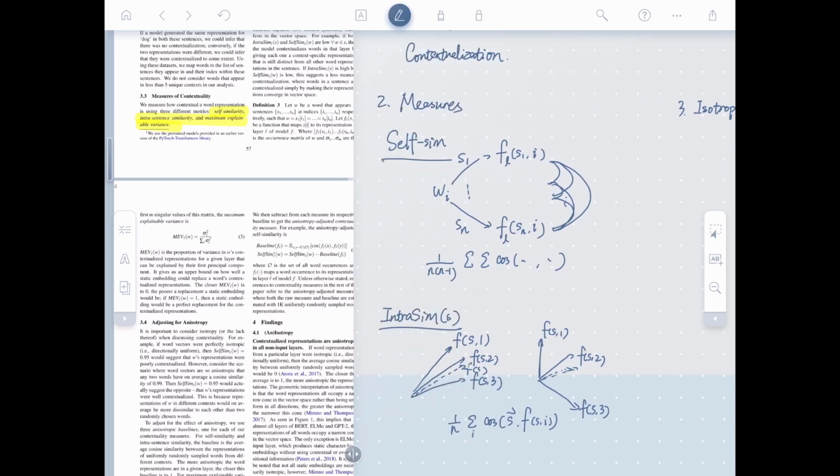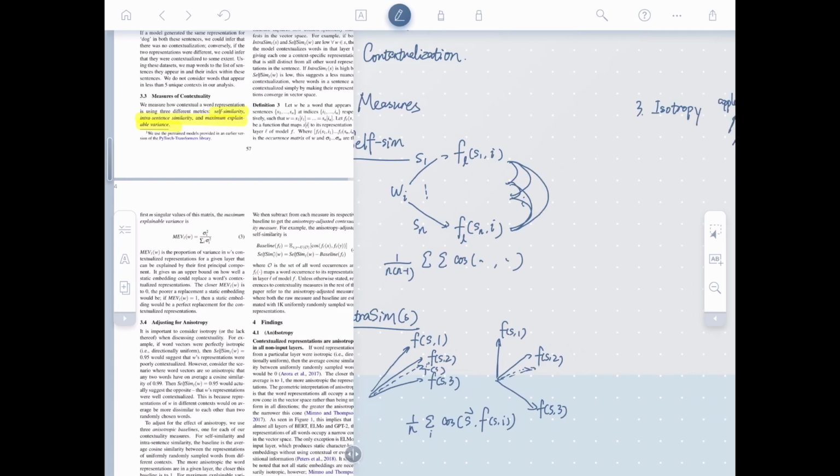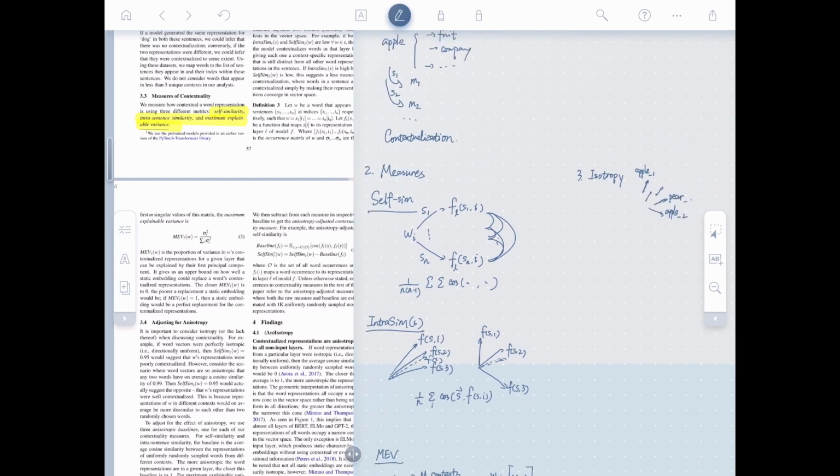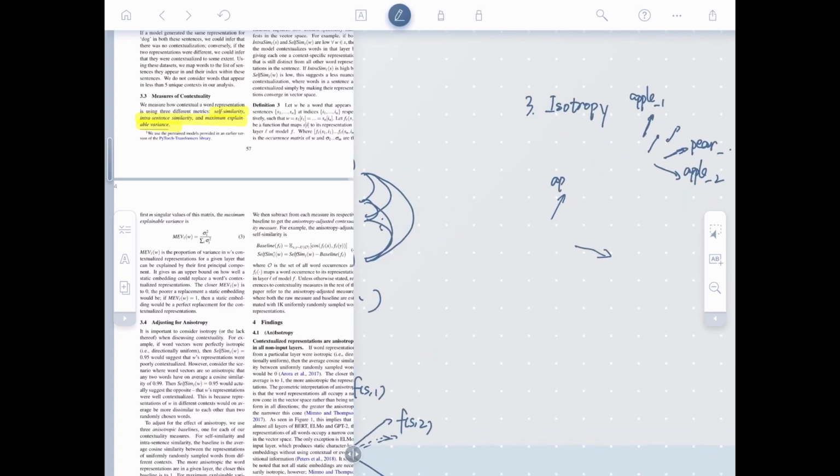It's like this. If you measure the self-similarity, for example, the extent that the word apple in context 1 differs from the word in the context of sentence 2, this cosine similarity itself does not tell too much, because you don't know how different the other words are.